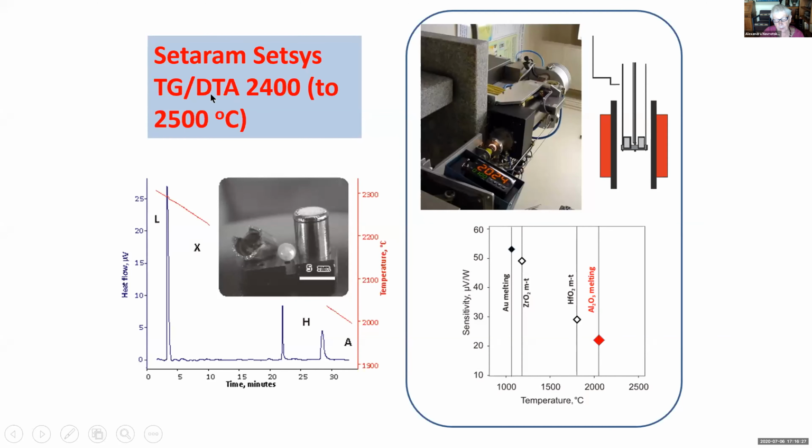This DTA works quite well for looking at phase transitions and for getting enthalpies. Again, at temperatures like this, you don't have the accuracy that you have at room temperature or 500 degrees centigrade, but you can get your enthalpies of transition, typically with reproducibility of 5 to 10%.